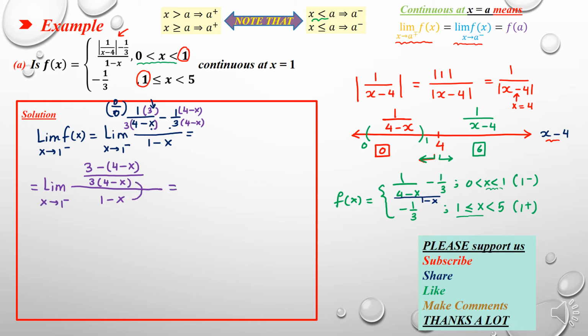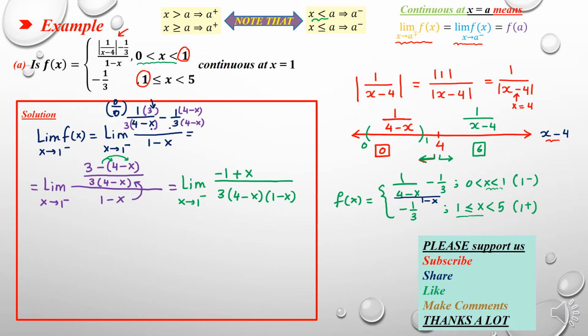Here you can put these denominators beside each other, so you will get the limit of, now 3 minus 4 is negative 1, and we have negative x, which is a plus x, divided by 3 times 4 minus x multiplied by 1 minus x when x goes to 1 from left.